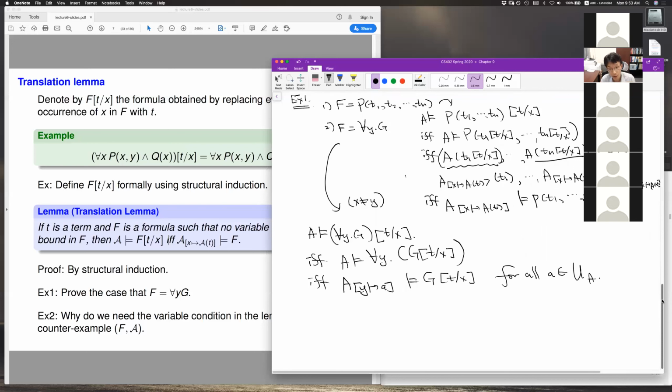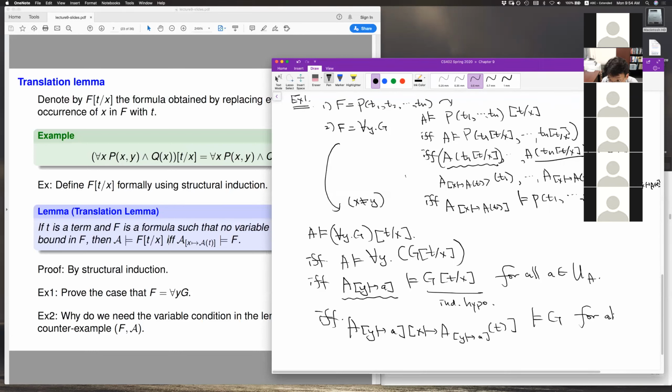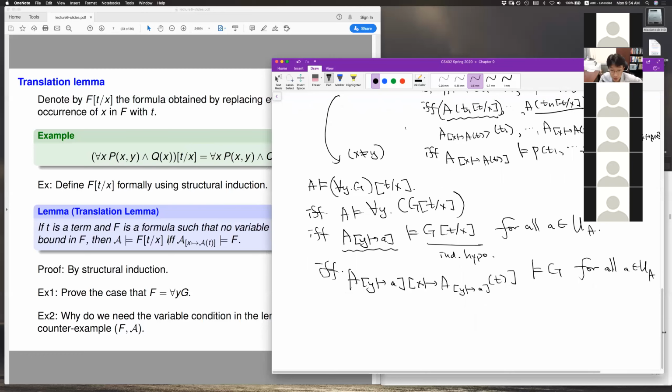Now here we can use the induction hypothesis for this translation lemma. So we apply the induction hypothesis for this. What this says is, for A, but note that when we apply the induction hypothesis, our A has now changed to this. So we have to be a bit more careful. A, Y gets mapped to A and T, for A in U of A. So this is what we can write.